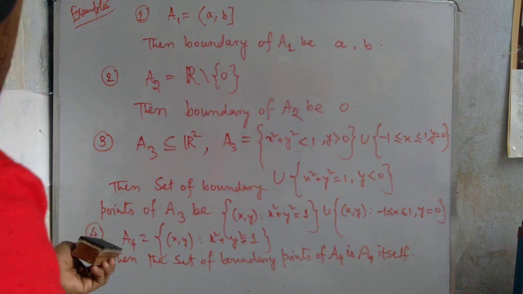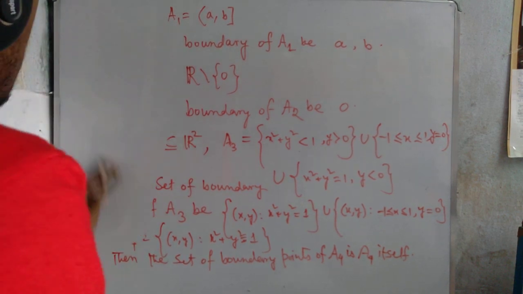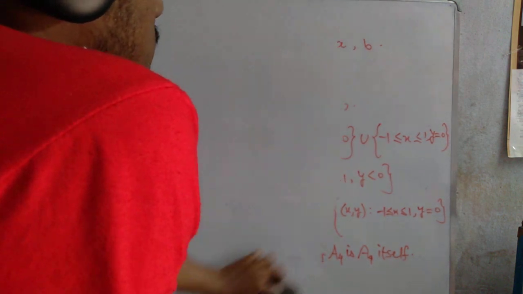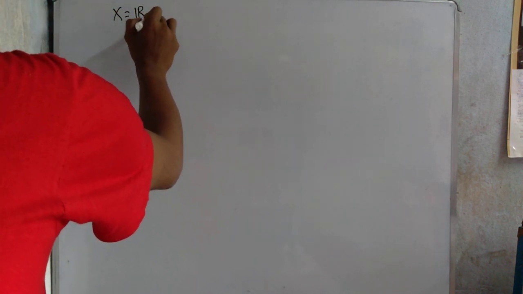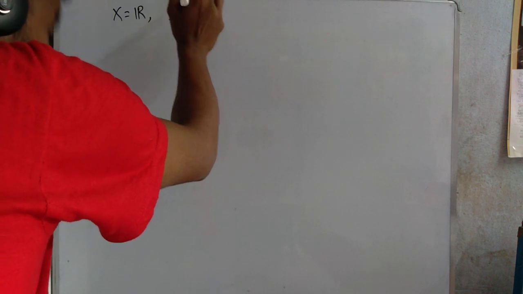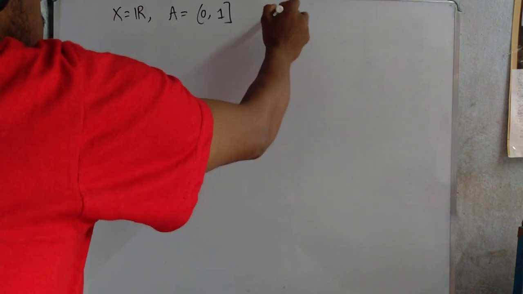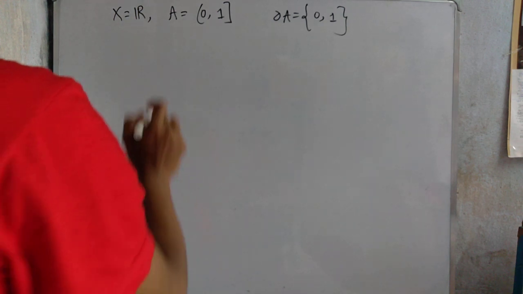Then we also discuss some familiar examples. Here we take X equal to R and A equal to (0, 1], then del A equal to {0, 1}. How does this happen?